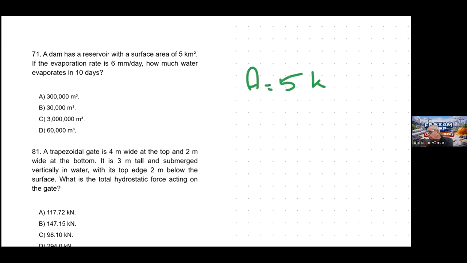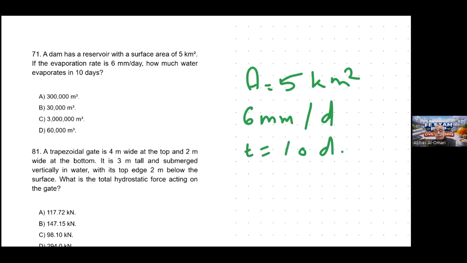And we know the evaporation rate is 6 millimeter per day. And we want to determine the volume of evaporated water in 10 days, time 10 days.